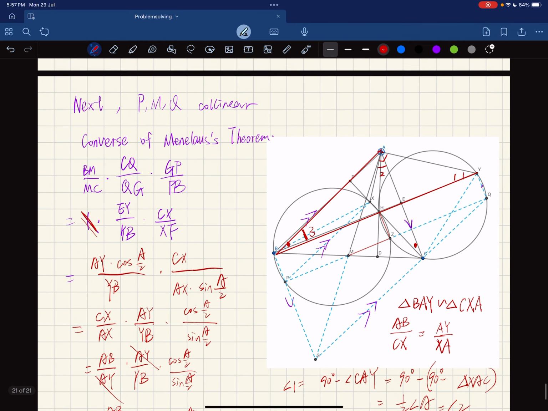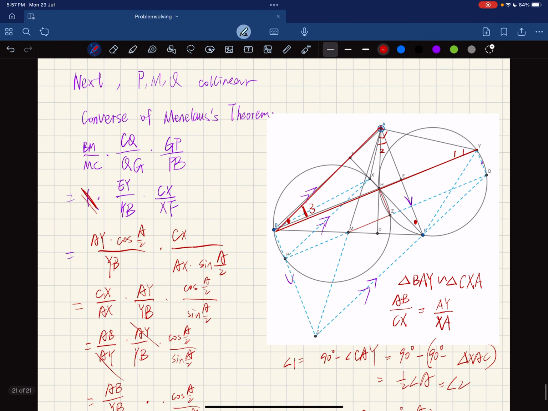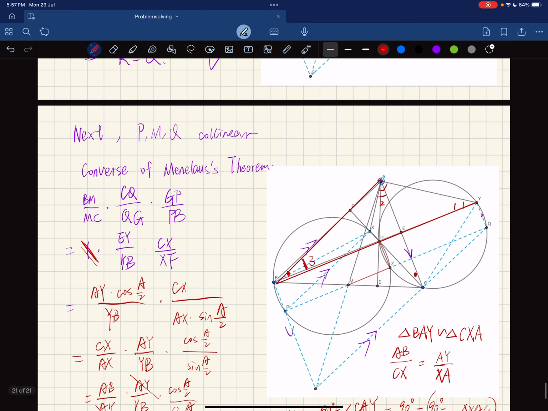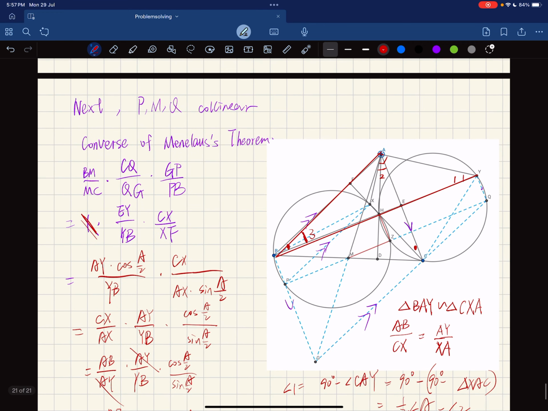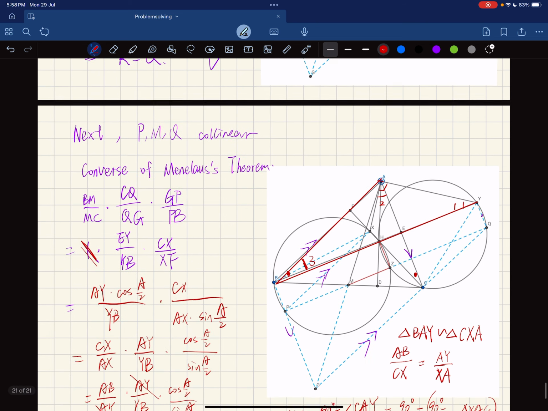So according to the converse of the Menelaus theorem, what can we know? We can know that the 3 points P and Q are collinear, and P and ZQ are collinear. So after that, it is very easy to prove that the angle HZM equals 90 degrees.